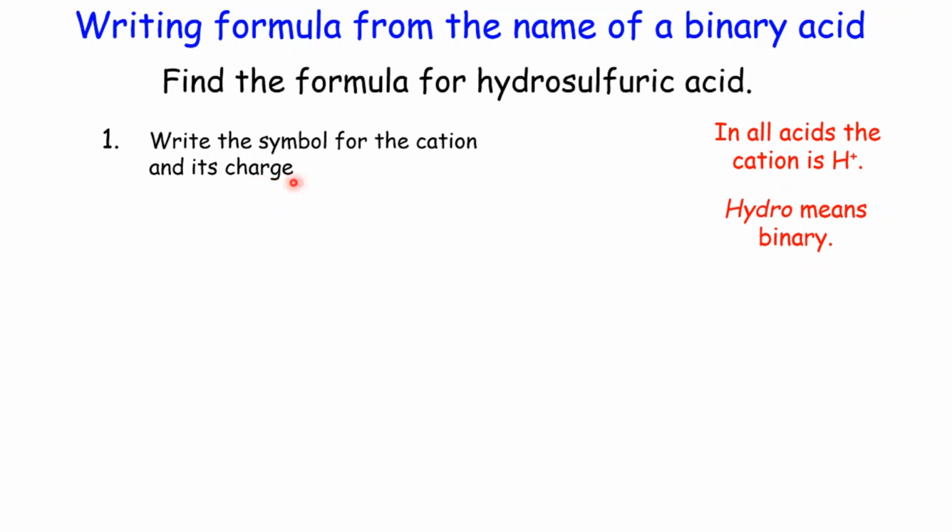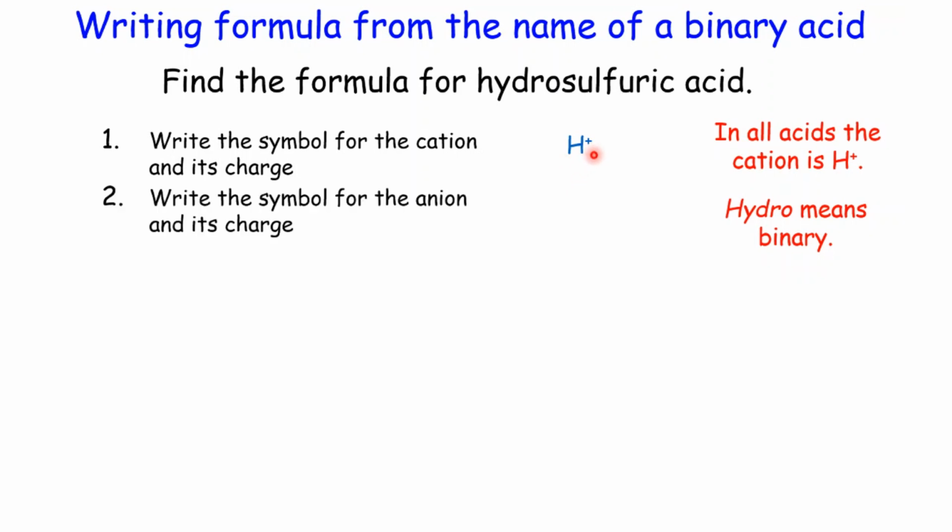So step number 1, write the symbol for the cation and its charge. The cation is hydrogen ion and the charge is +1. Write the symbol for the anion and its charge. The anion is sulfide. The charge is 2-.